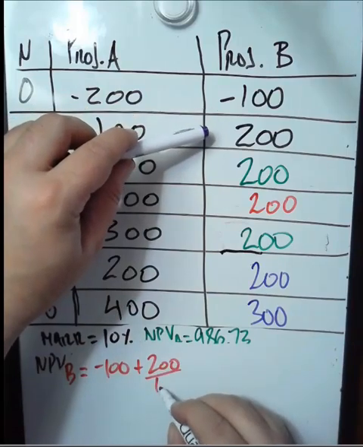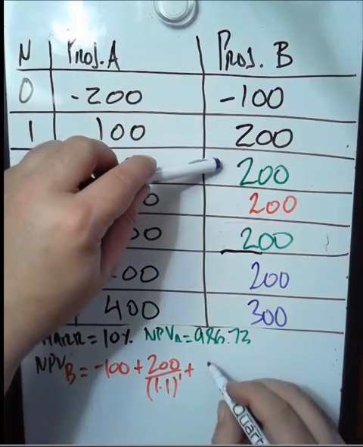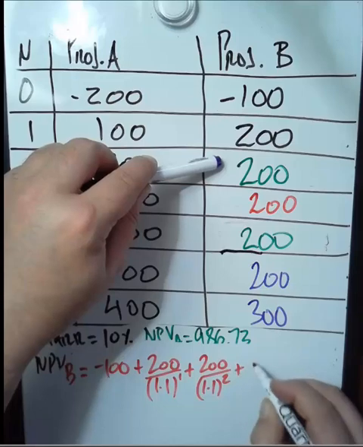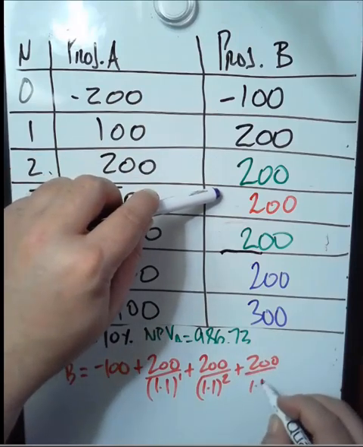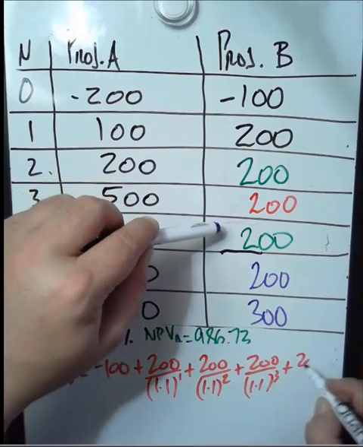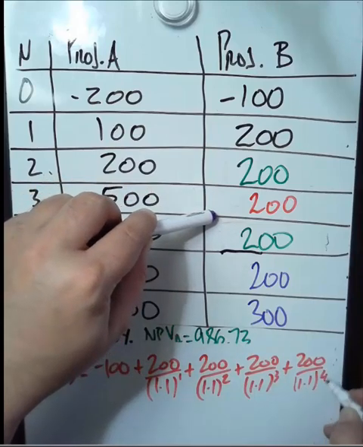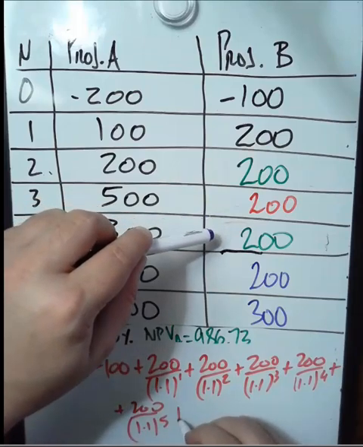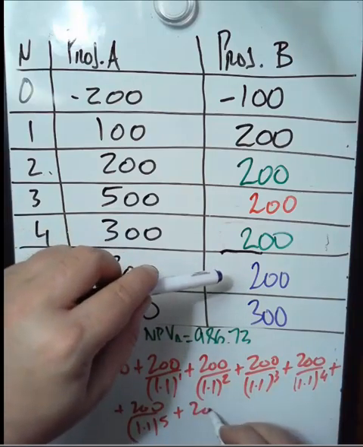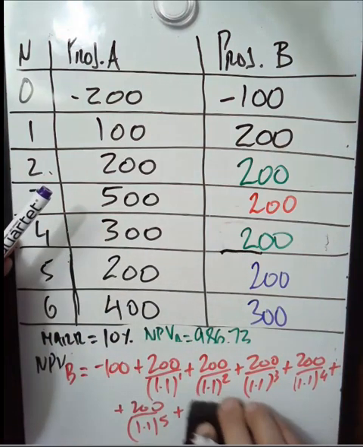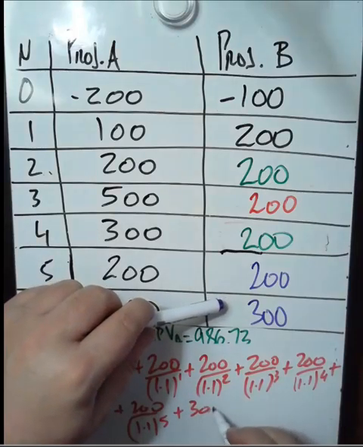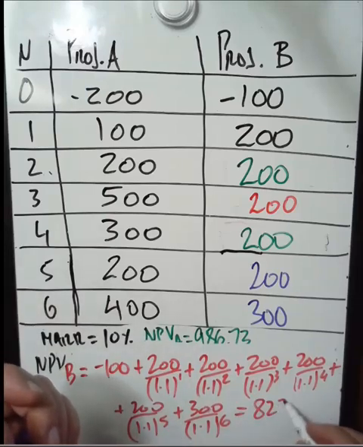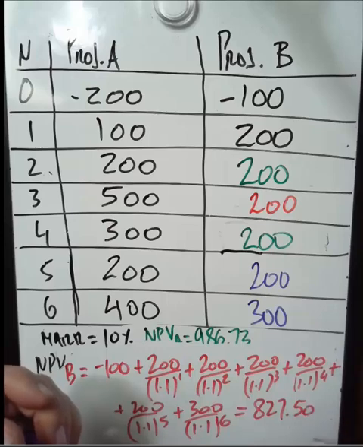Then 200 discounted 1 year at 10%, then 200 discounted 2 years at 10%, then 200 discounted 3 years, then 200 discounted 4 years, then 200 discounted 5 years, and then 200, and then 300 discounted 6 years, and these would give 827.50.